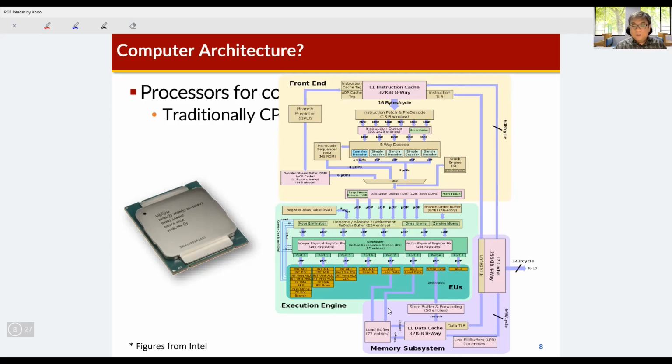And as you know, these processors have a memory system, so the level one cache is a private cache. This diagram shows the basic structure of the Intel out of order processor architecture. Okay, but as you can see, this is also complex.